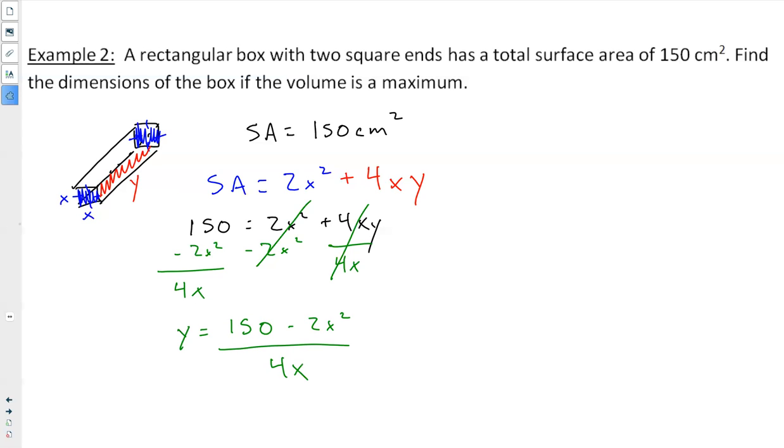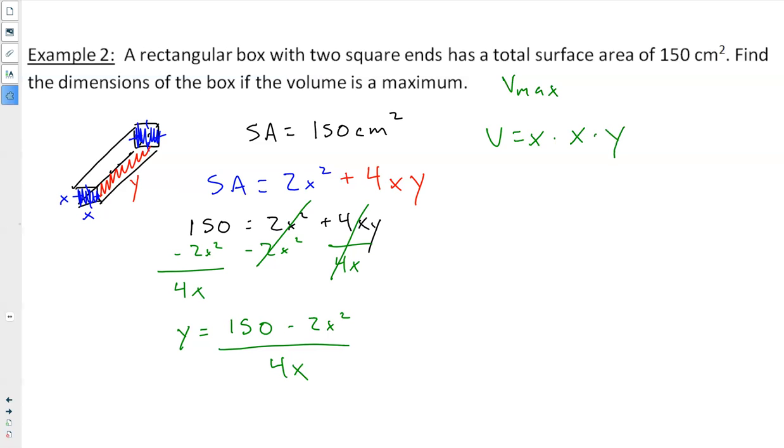Okay, we are looking for the dimensions of the box to make the volume a maximum, okay? So volume maximum. For a rectangular box or a rectangular prism, the formula for volume is the height, so x, by the width, x, by the depth of it, which is y, so x times x times y.